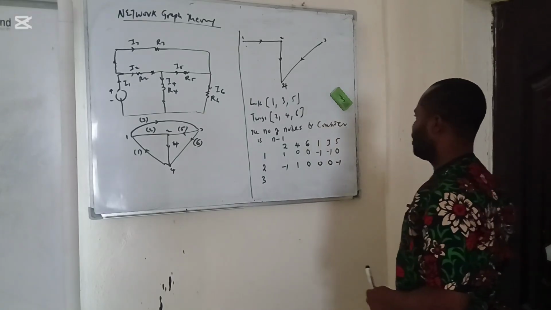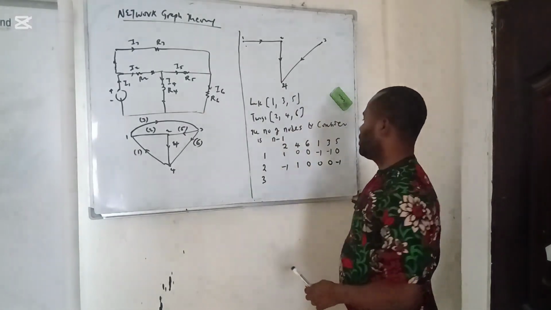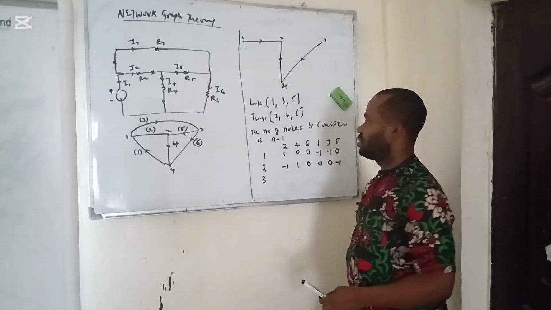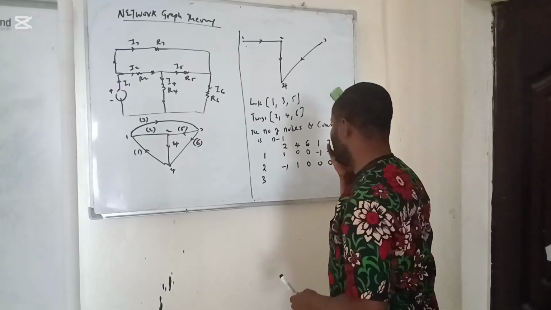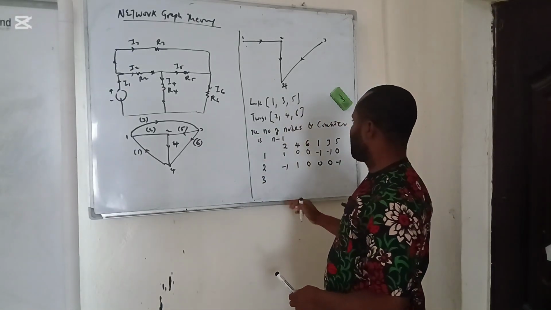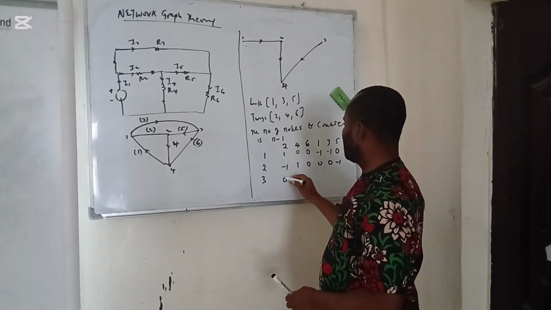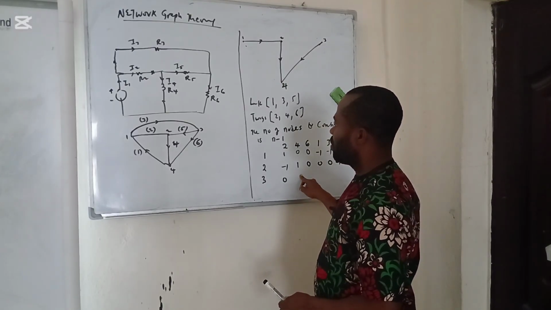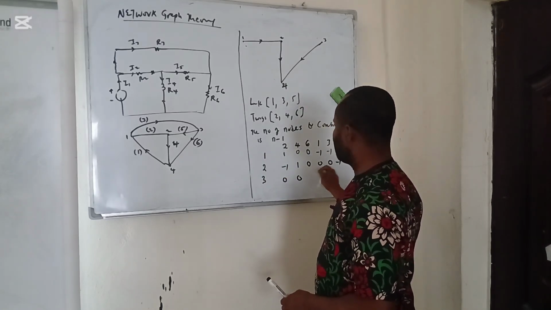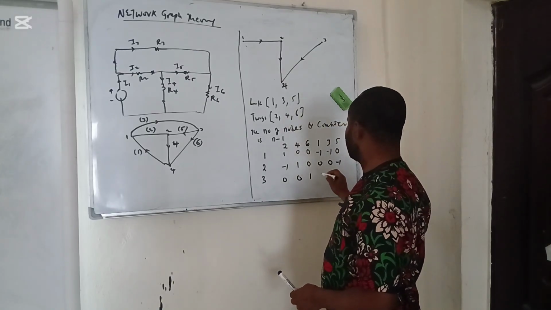And between 5 and 2, minus 1, it is moving towards the node. So finally, of course, we are using n minus 1 nodes to find out the number of trees that is possible from a given graph that we generated from a circuit. So finally, we have node 3 to consider. Branch 2 is 0, and we also have 4, so this is 0. We have 6 is 1. Branch 1 is 0.